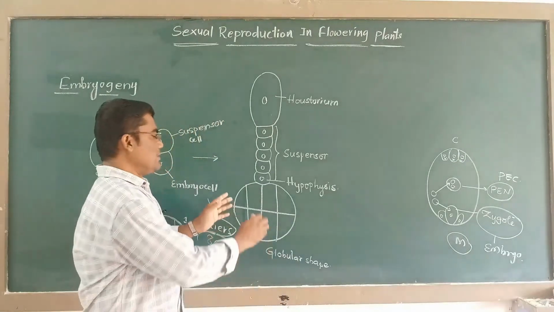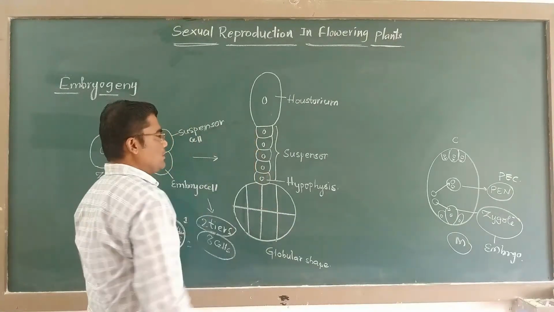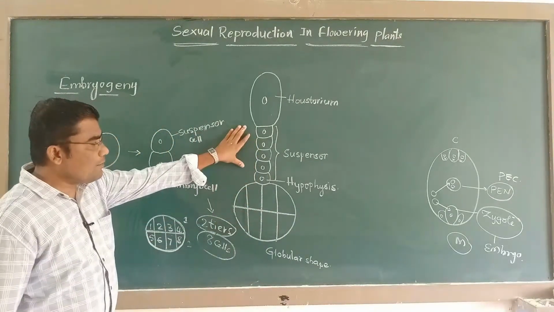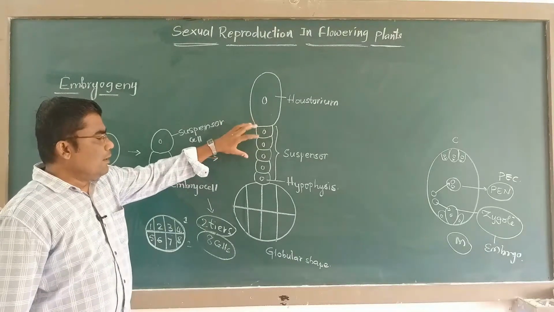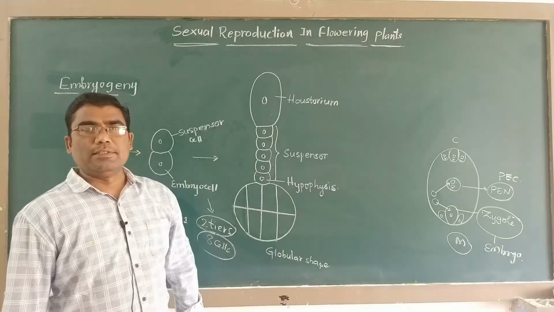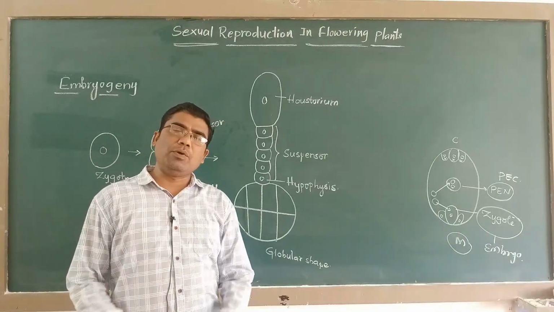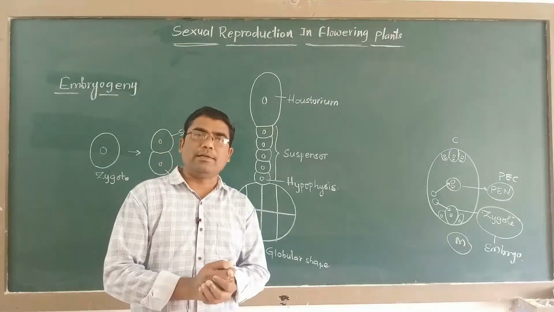So here, this is the globular shaped embryo, and this is the suspensor. Okay, what is the function of a suspensor? See here, this suspensor pushes the embryo into the endosperm for the proper absorption of nutrients.